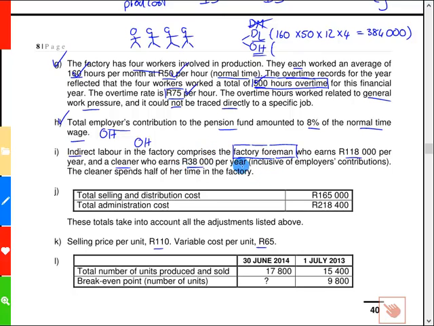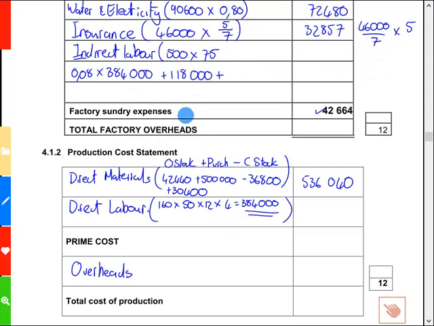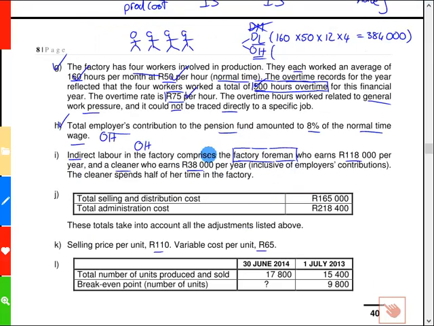And the cleaner earns 38,000 per year, inclusive of employers' contributions. We've got one more sentence here. It says the cleaner spends half of her time in the factory. So we've paid her 38,000 Rand for the year. Only half of that relates to the factory. So how much of it needs to go into overheads?